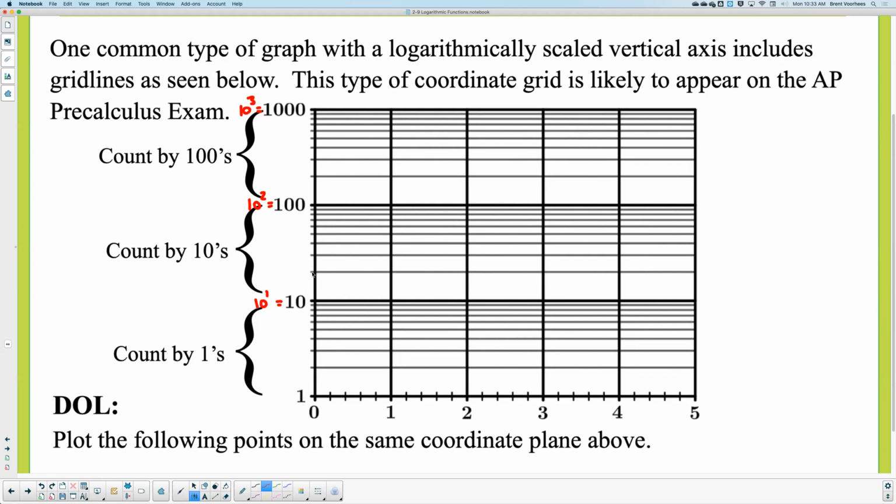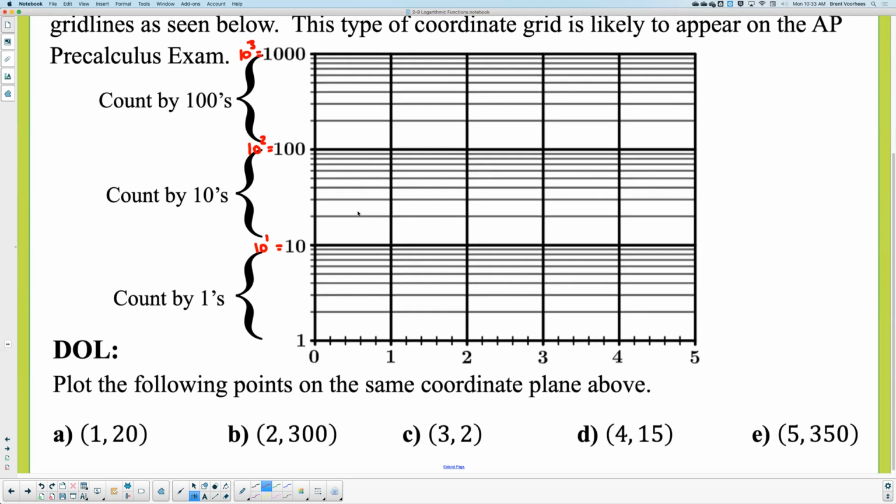So now it'd be 20, 30, 40, 50, 60, 70, 80, 90, 100. Make sense? Once you get to 100, how's it going to count now? Count by 100. So this is 100. This makes this 200, 3, 4, 5, 6, 7, 8, 900, and finally 1,000. Okay, your last DOL, go ahead and plot these points on this grid.